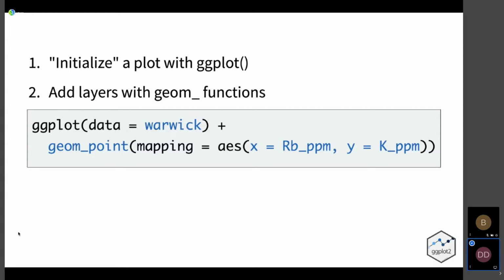And then you have to tell that geometry how you want to map the columns in your data set, which could be anything, to the information that the actual geometry needs to display. So if you're a point and you have been told that you have to go on a graph, you need the information about where your x and y value is at the very least.